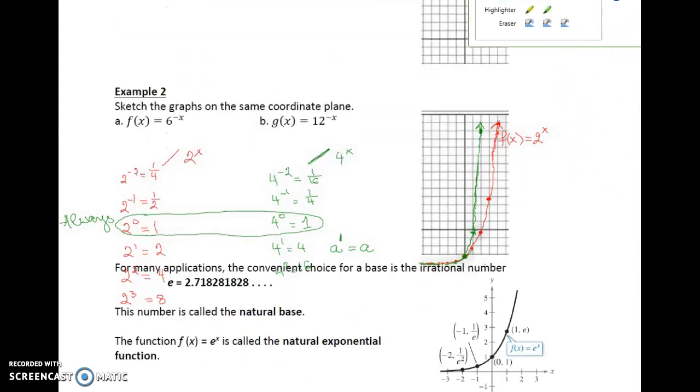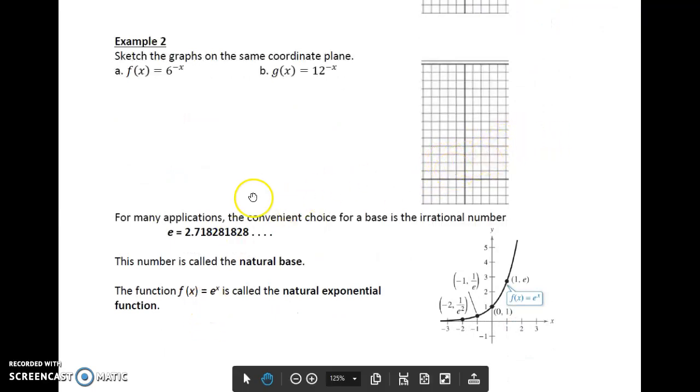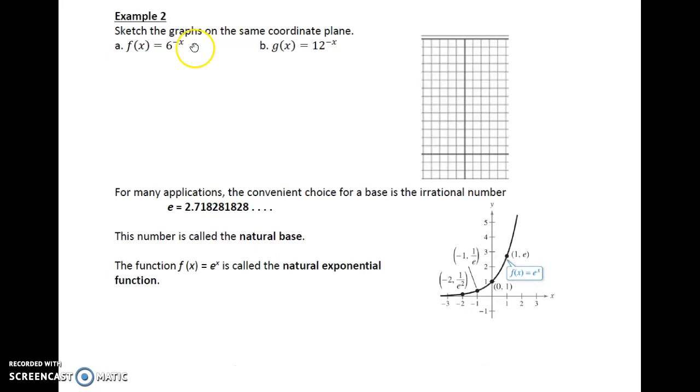For the second example, we have to sketch the graph on the same coordinate plane. For this one, we can actually use the numbers given. So for example 2, I will go ahead and keep the bases as they are, but we want to see what happens when you have a negative in front of your variable. But wait a minute, don't we already know what happens?